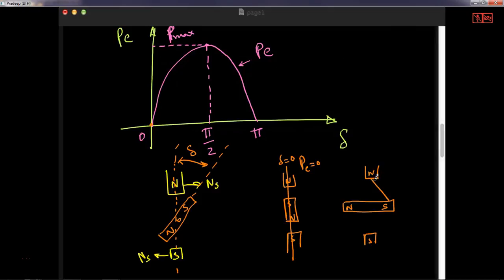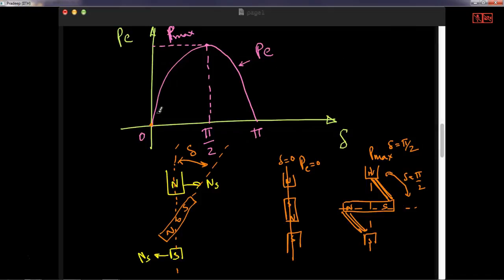Because of this attraction and magnetic locking, this is the maximum. So P max is at delta equal to pi by 2. In between, it varies like this. If I further increase delta, the power reduces because of the sine curve. So you can also see that intuitively from this diagram.